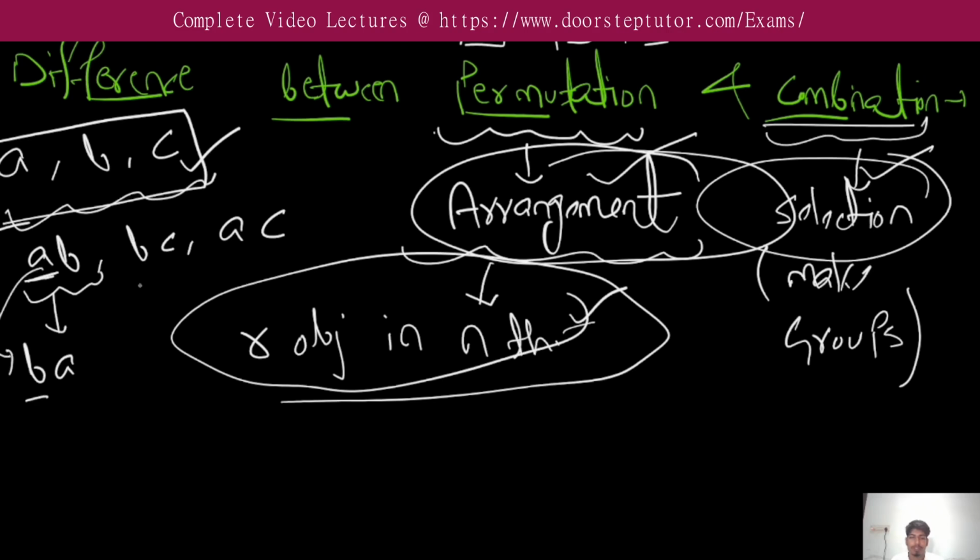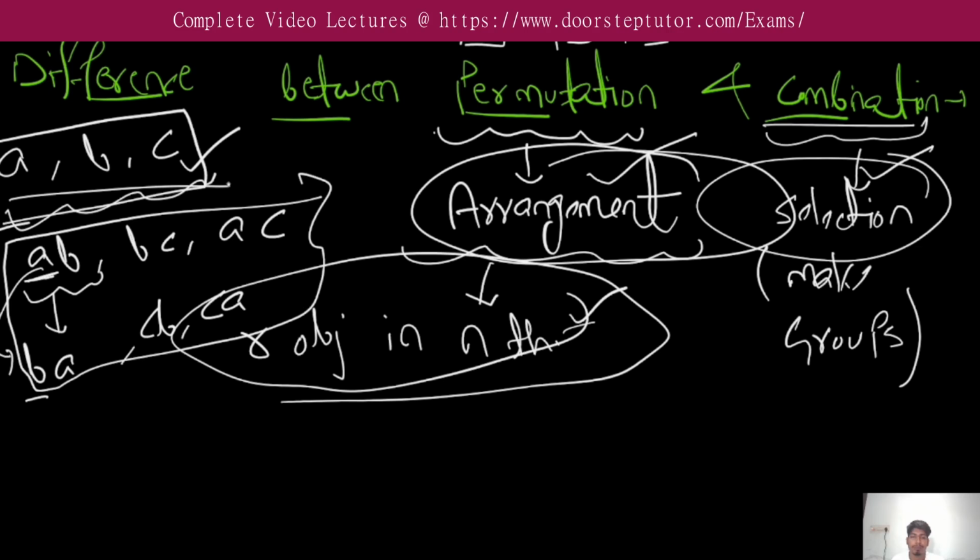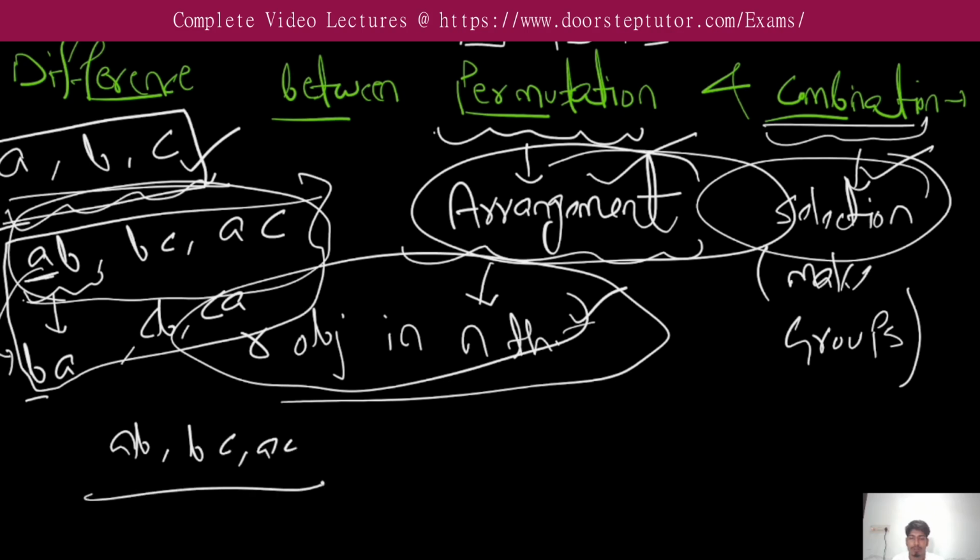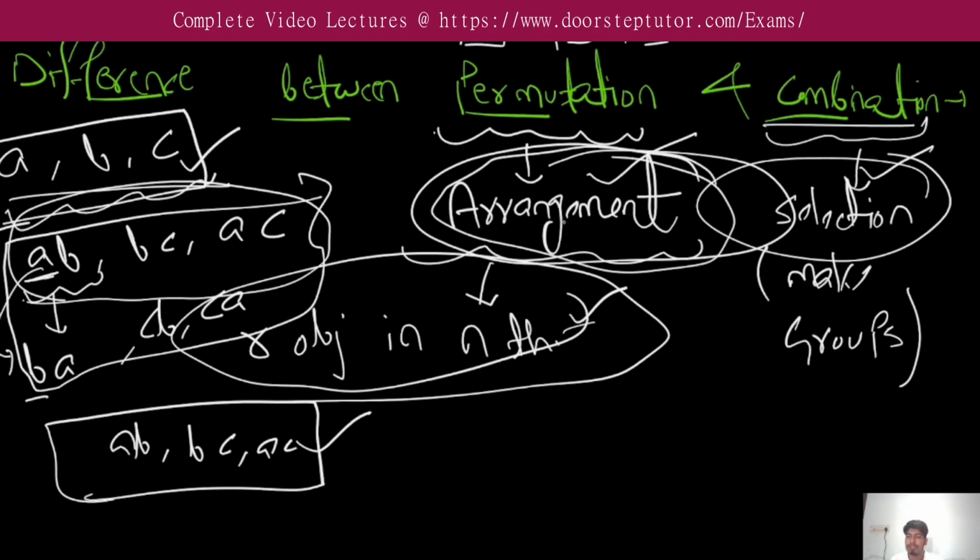So there are a total of 6 arrangements possible of the three letters A, B, C. If I take selection, combination, then only these three: AB, BC, and AC. This is the main difference. Remember these keywords: permutation means arrangement and combination means selection.